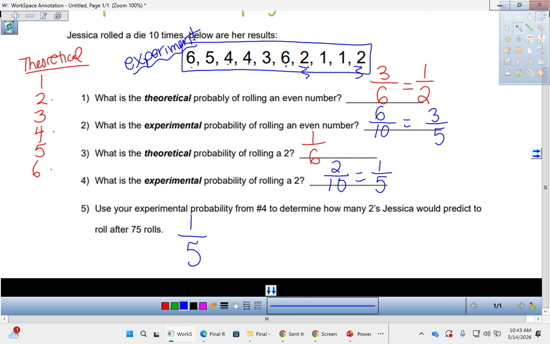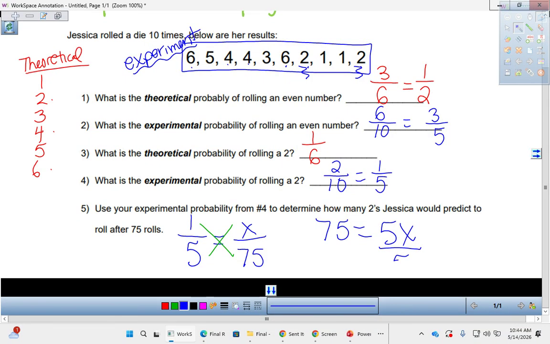To determine how many 2s Jessica would predict after 75 rolls, I'm going to set up a proportion where 75 is on the bottom. And how do we solve a proportion? Cross multiply. So you're going to make this x. All right. 1 times 75 is equal to x times 5.